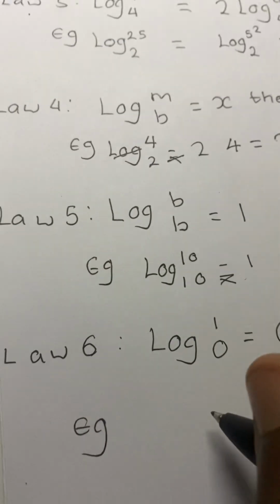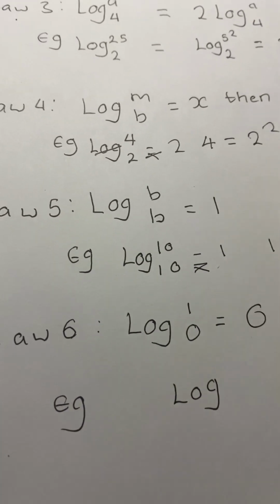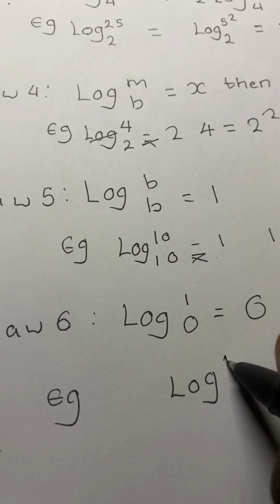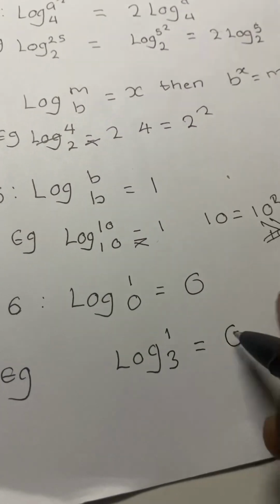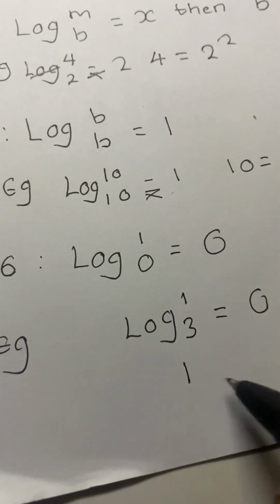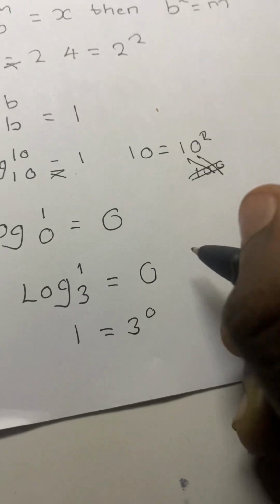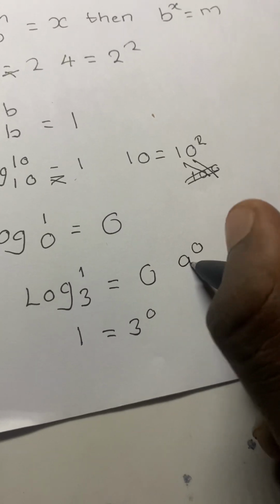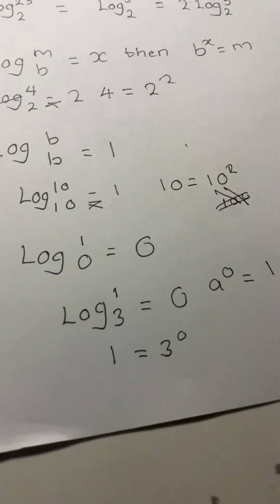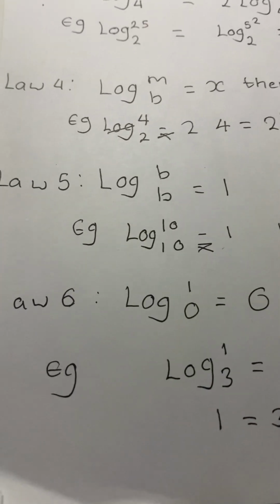So assuming I say log 1 base 3 is equal to 0, if I do this, 1 is equal to 3 raised to the power of 0. And remember, anything raised to the power of 0 is equal to 1. That's why this law is like this.